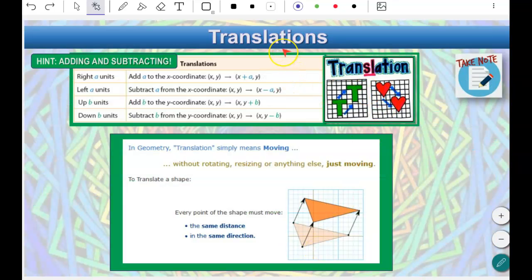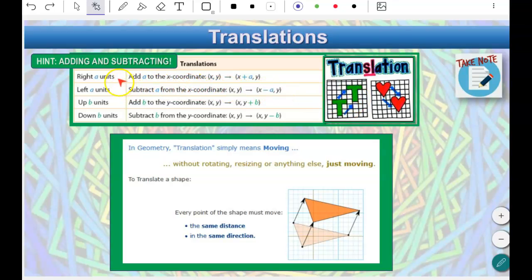So let's look at translations first. You probably learned about translations, reflections, and stuff like that in 6th, 7th grade, but this part of it is new, where you have to write it algebraically. So with translations, when you're moving it, it's changing those x, y coordinates when it's on the coordinate plane.